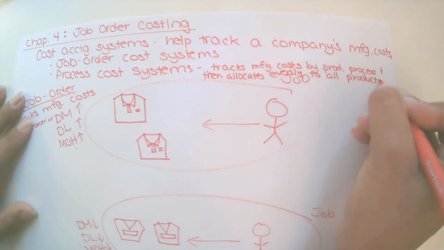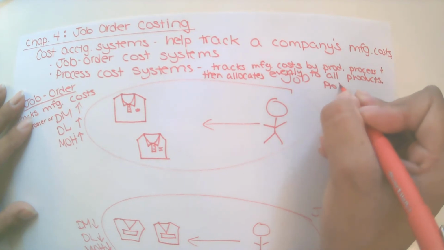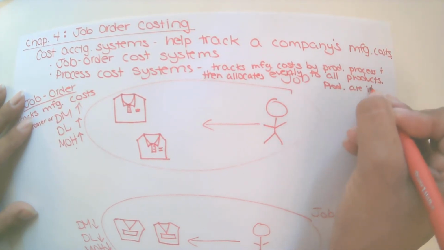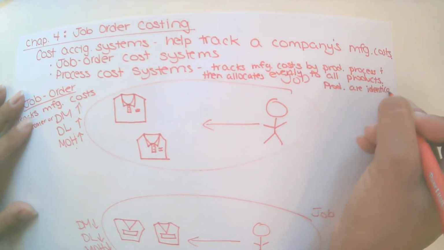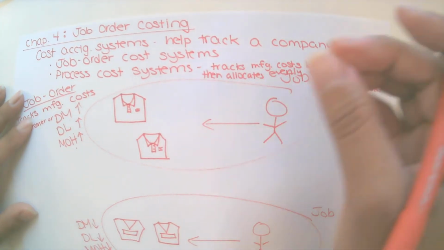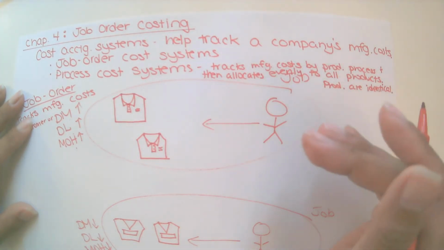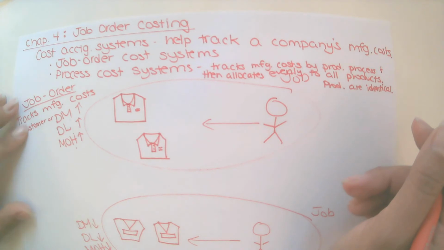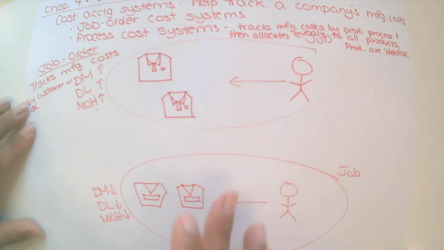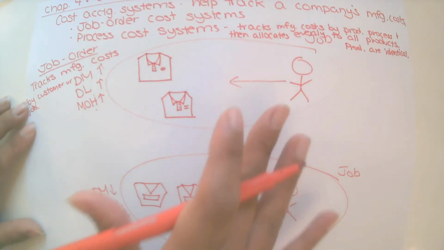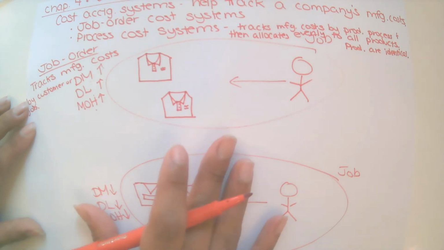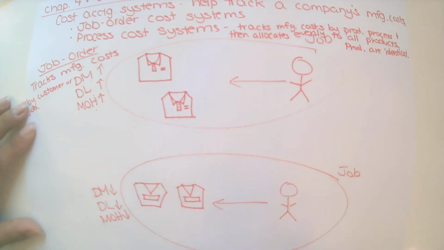And a process cost system can do that because products are identical. So you can just take all your costs and divide it up across all of your units. Whereas with a job order, we just saw what our customers are requesting are very different. So if it's very different, we can't charge everyone the exact same cost.